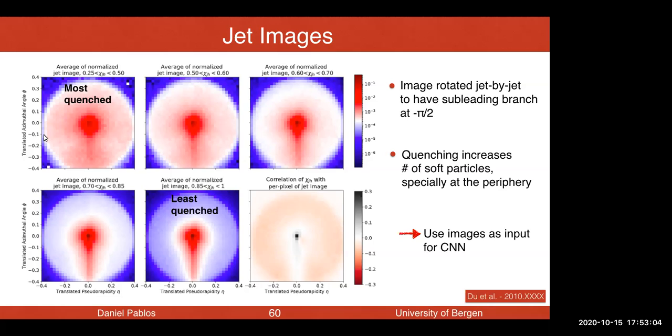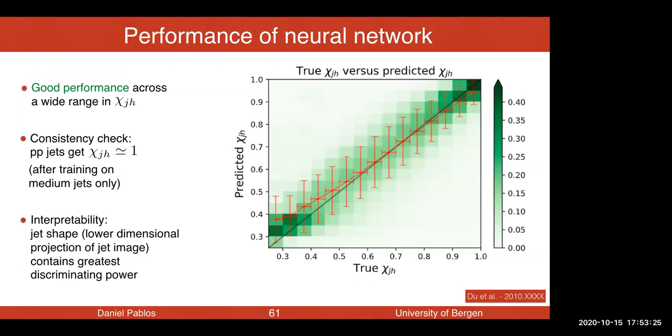Here the image has been rotated such that the subleading branch, the one we use to define delta R precisely, is at -π/2. We don't want the machine to learn these kind of symmetries of space-time, so you try to help it. And we use these as images, as inputs for a convolutional neural network, and we do get very good results.